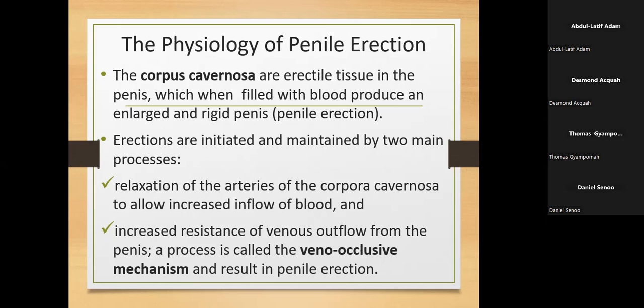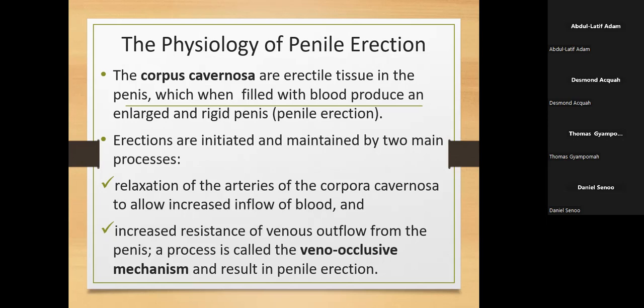Okay, once the veins become smaller, it means that the blood that is supposed to go out from the veins will be impaired. So we call that venous occlusion. Okay, you are occluding. It's like you are virtually closing the space within the veins.